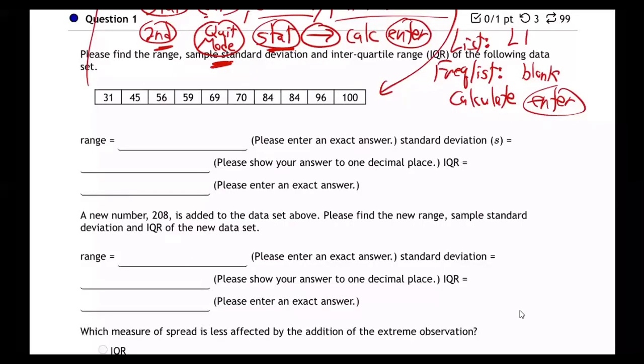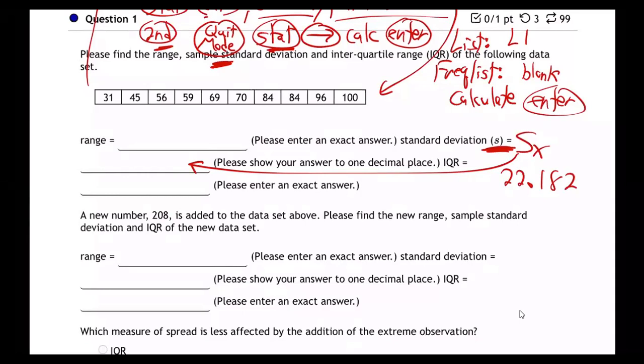All right, let's put that data in there. So the S, I'm going to come back to the range in a minute. Let's do this. S equals, that was my Sx on my calculator, 22.182. Now they want me to round it.